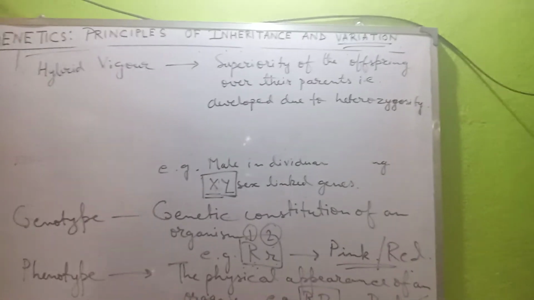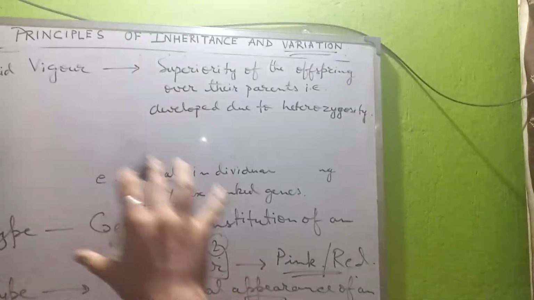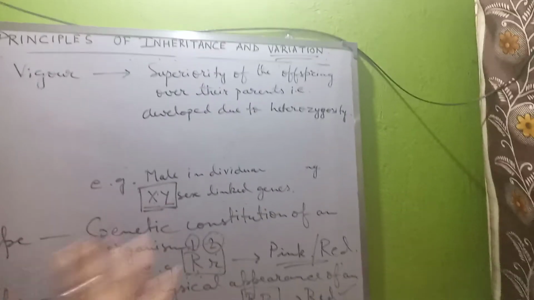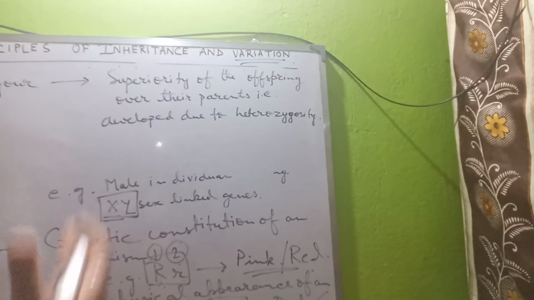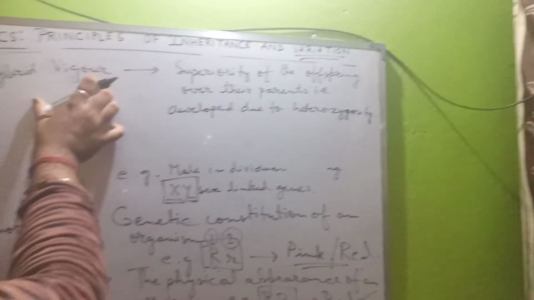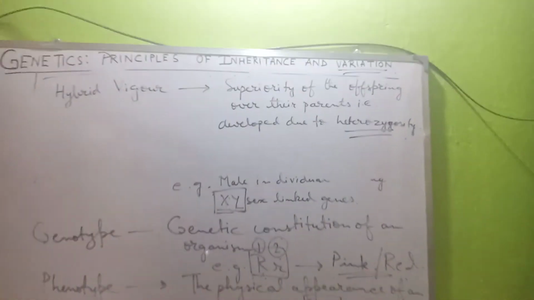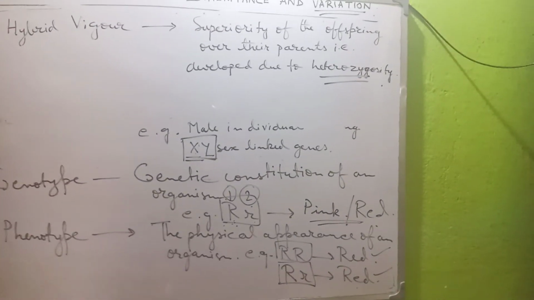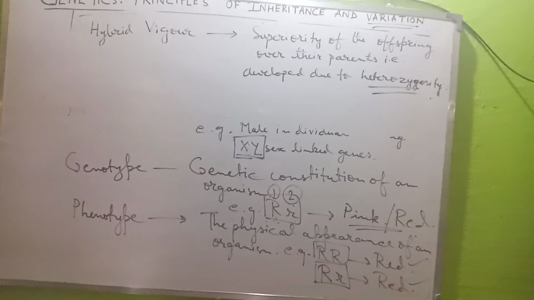Suppose I have taken two superior parents, a male and a female, maybe two buffaloes, a superior male and a superior female. After they are crossed, their offspring will be much superior to their parents, and that is what we call hybrid vigor. And the phenomenon we are talking about is known as heterozygosity. In simple terms, the offspring will always be much more advanced compared to their parents, even if the parents are much superior.